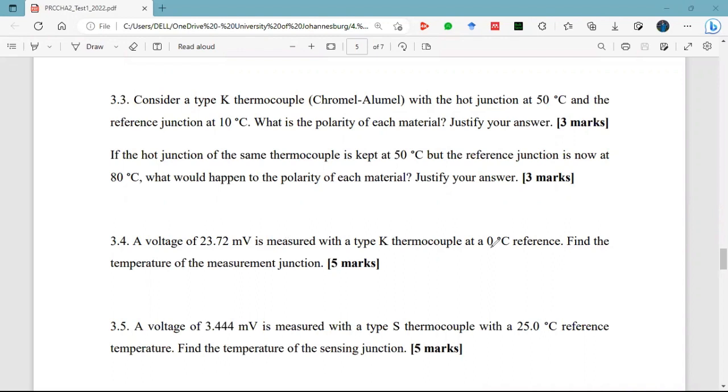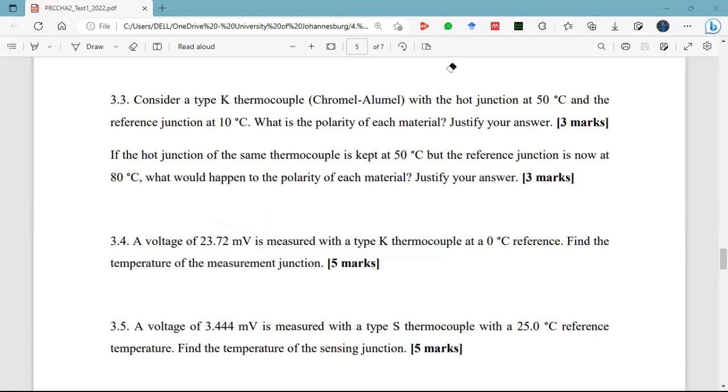So the reference temperature is at 0 degrees, and your table is already at the reference of 0 degrees. So this matches. What you need to do is just go and pick the value of temperature that you get at 23.72 millivolts. Let's see if it will work.